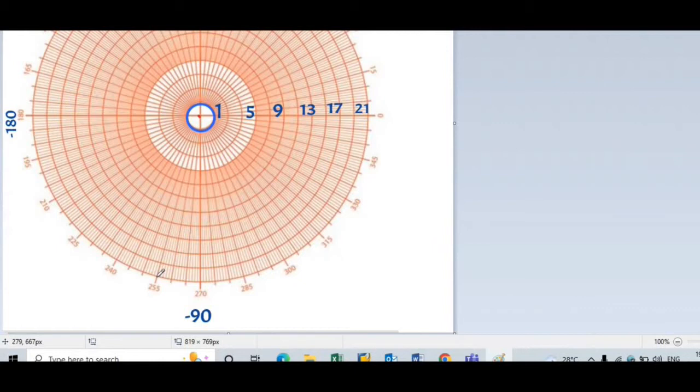So this gap is 105. Then if we add 15 degrees again, 105 plus 15 is 120, so this line represents minus 120 degree. Then again this line is minus 135, and then here minus 150.